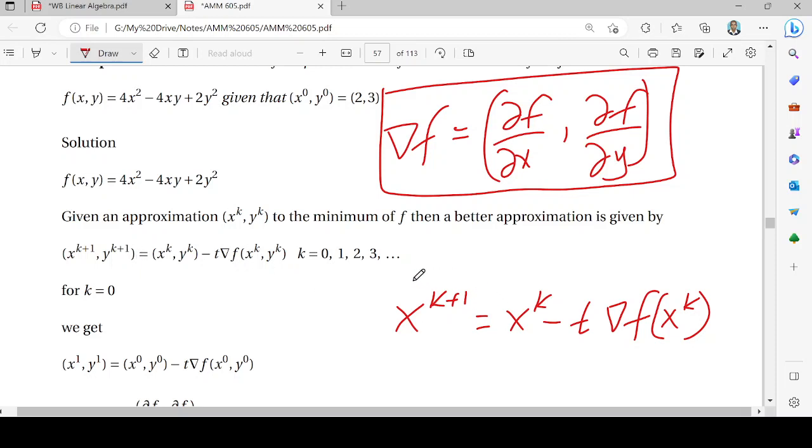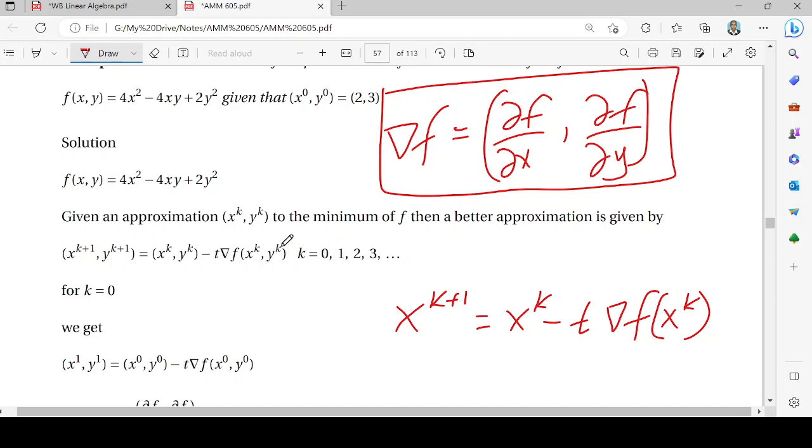So we replace x with the vector (x, y), so that (x_{k+1}, y_{k+1}) equals (x_k, y_k) minus t times the gradient of f evaluated at (x_k, y_k).